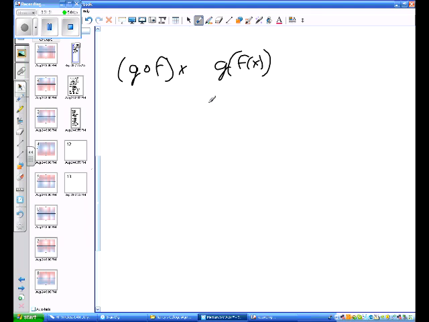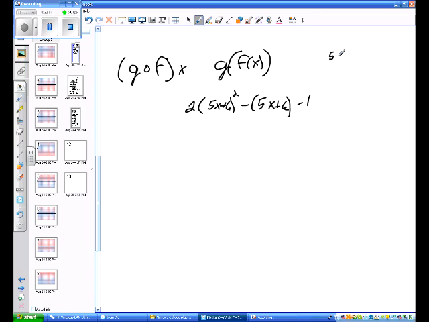So when we want this, then our g of x was 2x squared, so we want 2. And what we're going to do is plug in our f of x, which was 5x plus 6. Then minus x, 5x plus 6, minus 1. Okay, if we square 5x plus 6, you can use the pattern.